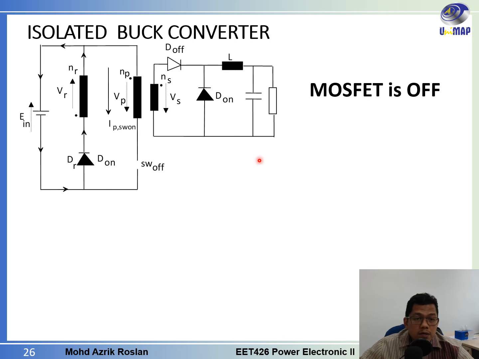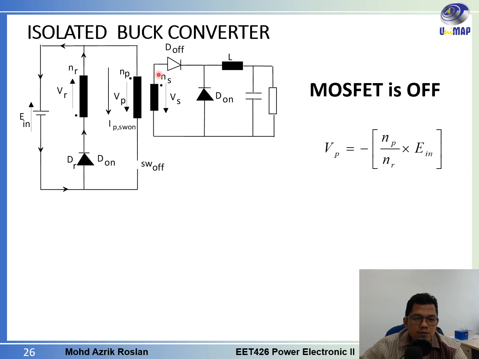Okay, now we will look at the circuit when the MOSFET is off. As you know, when the MOSFET is off, at this point we have an open circuit, and the current can only flow in this direction. This one is forward biased, so you can consider it a short circuit here. So the terminal here, E in, is connected to the VR.